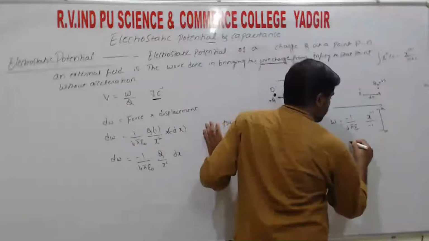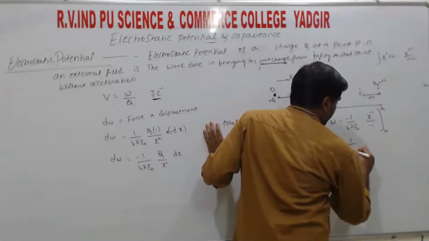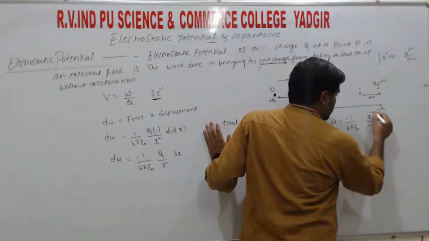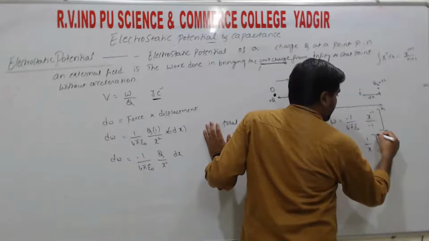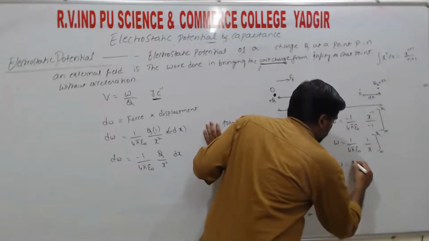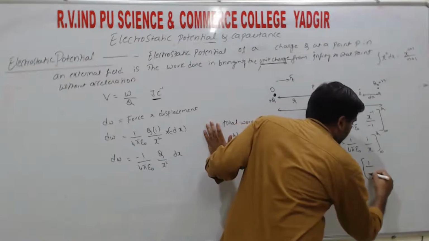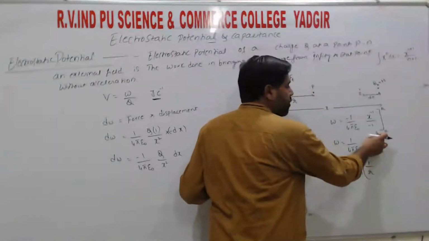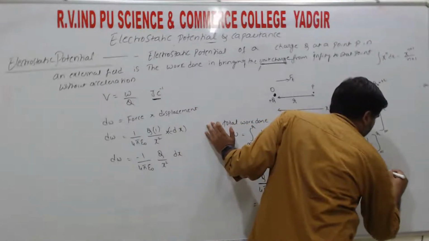So minus and minus get cancelled, we get work done W is equal to 1 divided by 4 pi epsilon naught, x power minus 1, we write 1 by x, infinity to r, right? So by applying the limits, 1 divided by 4 pi epsilon naught, first we apply the upper limit 1 divided by r, then minus 1 divided by infinity.